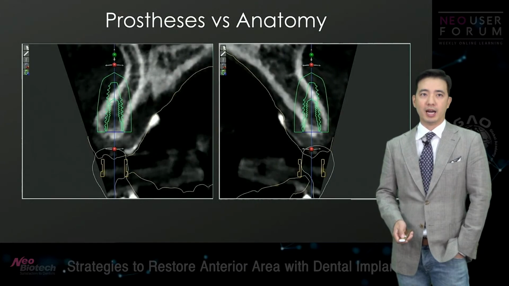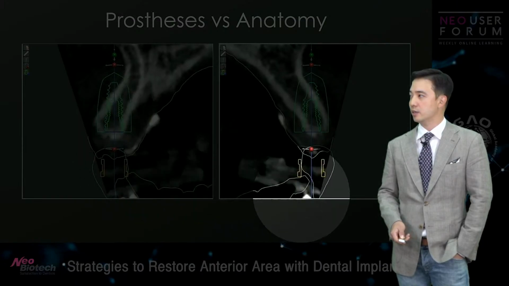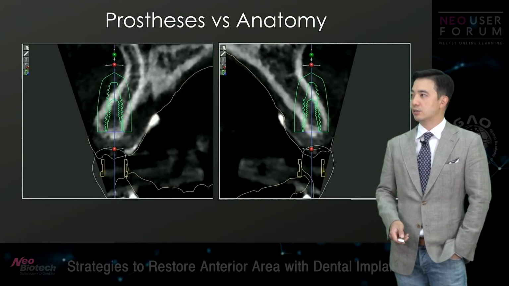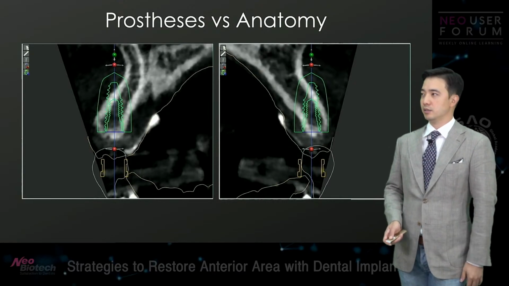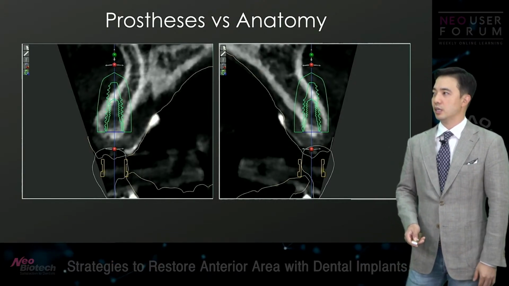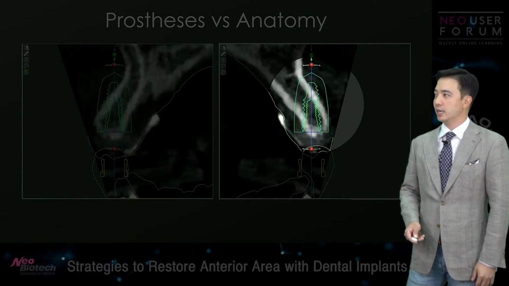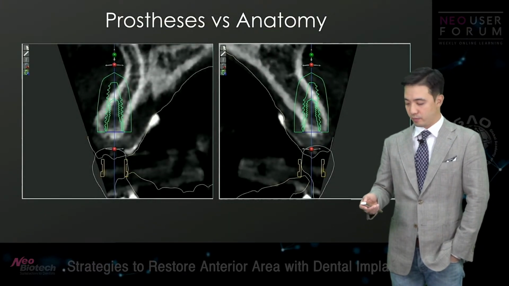But I wanted my implants to come out of the cingulum area for the sake of the prosthesis. So I told the technician to shift or tilt the implant position. And I said, I don't care if the apex of the implant comes out of the bone or not. I can just add a little bone, and that's gonna work.